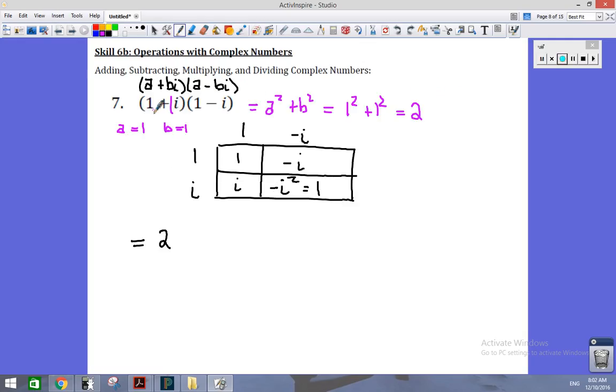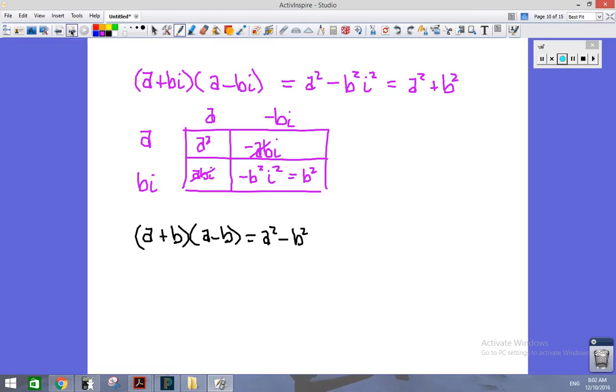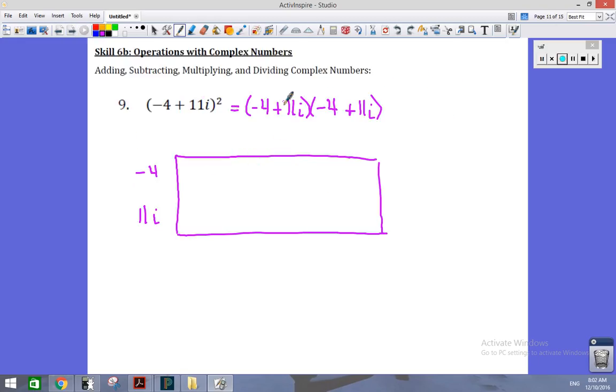The complex conjugate of 1 plus i is 1 minus i. So whenever you multiply complex conjugates together, you're going to get this a squared plus b squared. All right, so these are not complex conjugates. This does not say negative 4 plus 11i times negative 4 minus 11i. So that's something also to be careful of, that you don't change the problem.